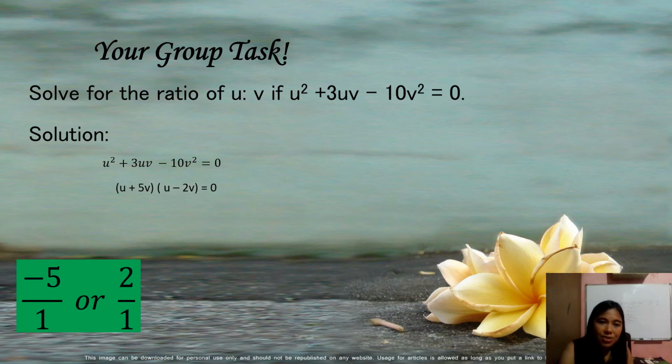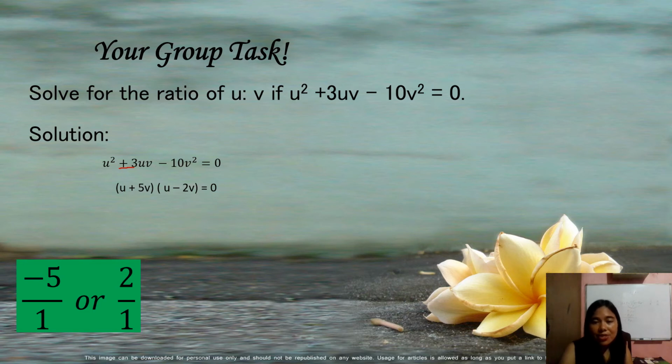So the factors of u squared is just u and u. And then the factors of negative 10 is of course 5 and 2. And 5 must be placed in positive since we have a positive middle term. So that's why we have positive 5 and negative 2.